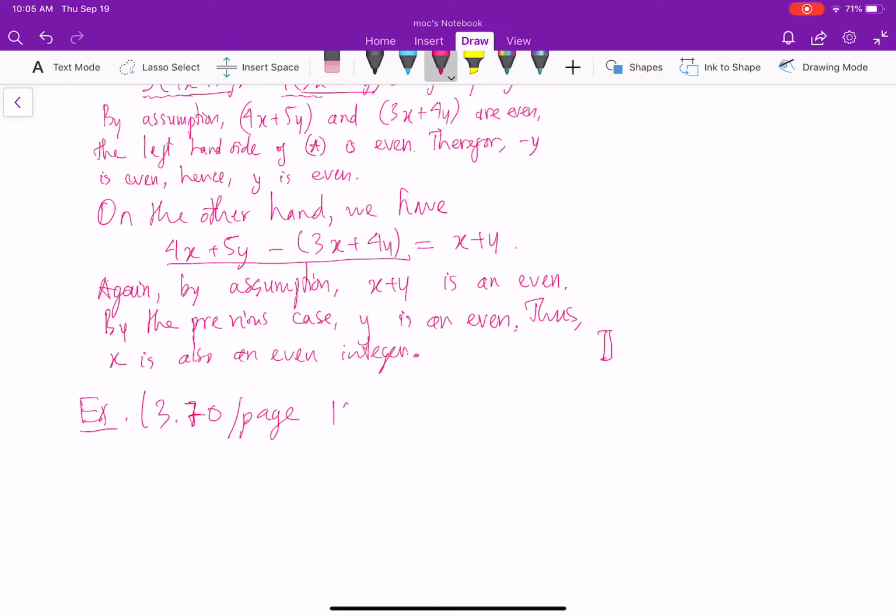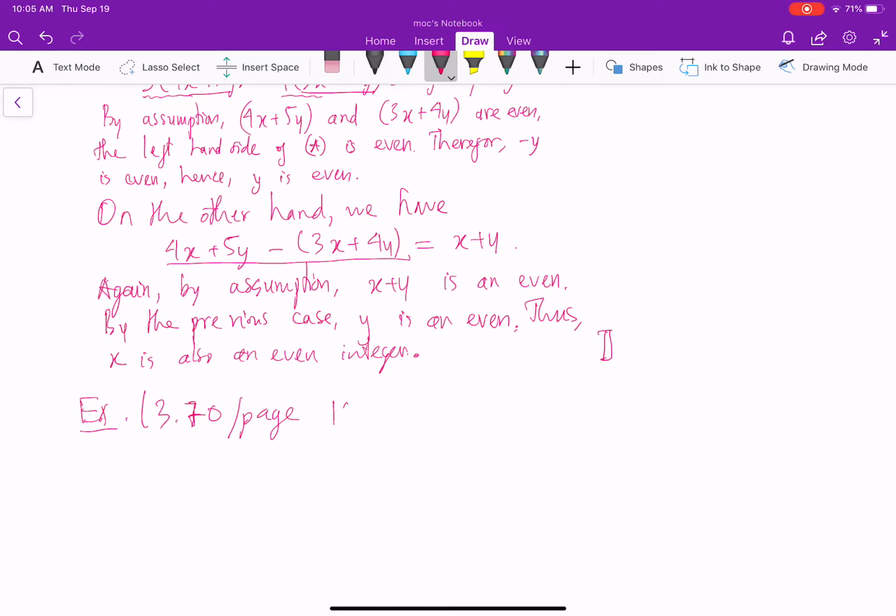Prove that for every positive integers a and b, a plus b times 1 over a plus 1 over b is greater than or equal to 4.